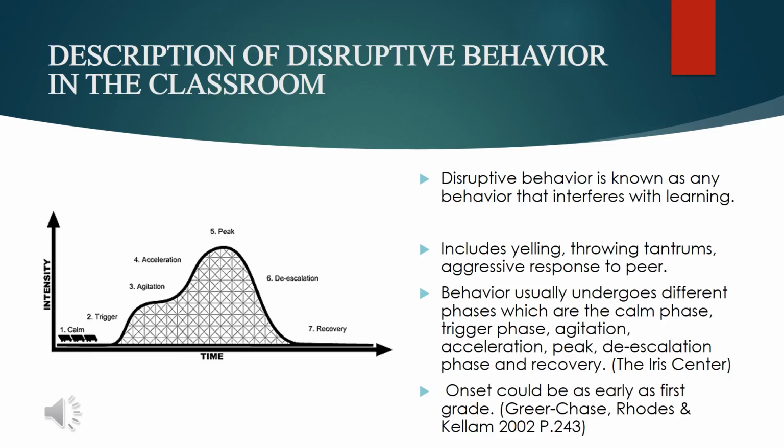It has intensity and time, just to show the process that a child might undergo while exhibiting the disruptive behavior. It usually starts off with the child being calm, and then it escalates to a trigger, which could be either from home or something going on within the classroom, and the child just keeps it quiet.